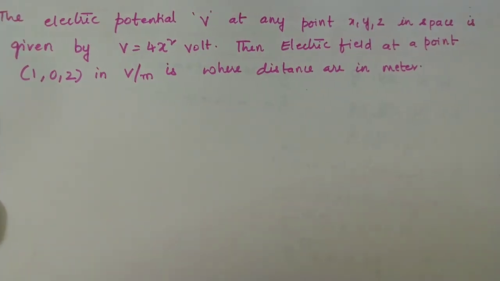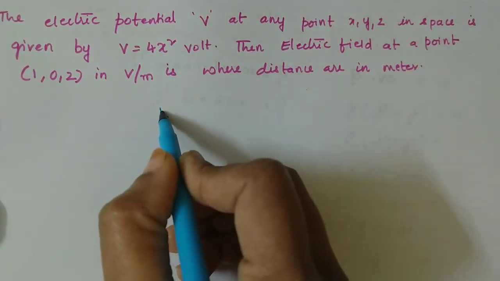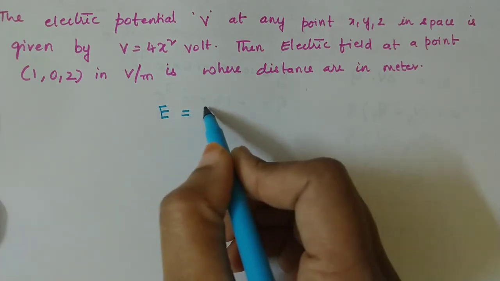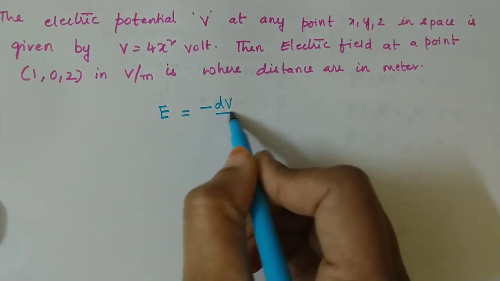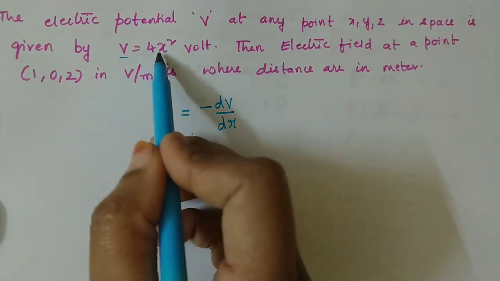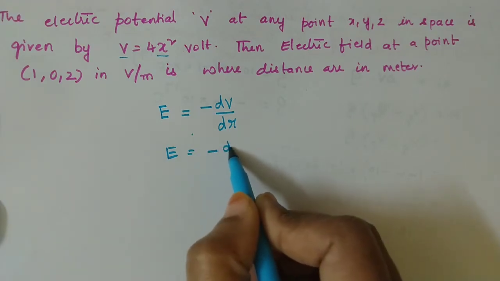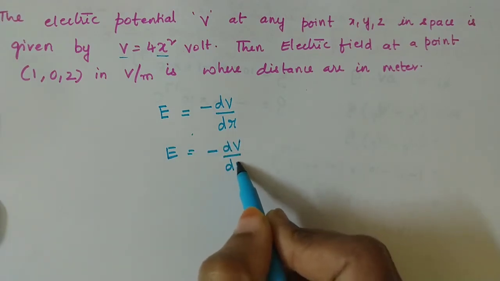So to begin with, we have already studied the relation between electric field and potential. What is the relation between field and potential? E is equal to minus dV divided by dr. And since V is a function of x, we can write it as minus dV by dx.